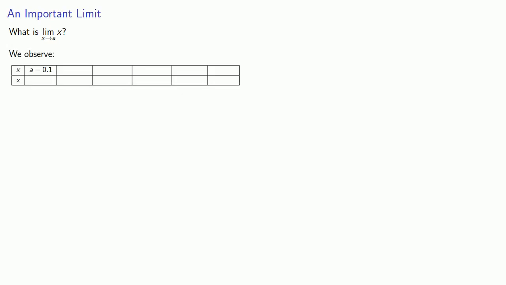So if x is a minus 0.1, then the value of the function is a minus 0.1. And we can find our values for these other values of x. And so it appears that as x approaches a, the limit is also going to be a.